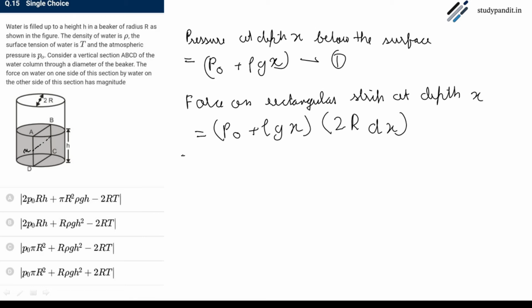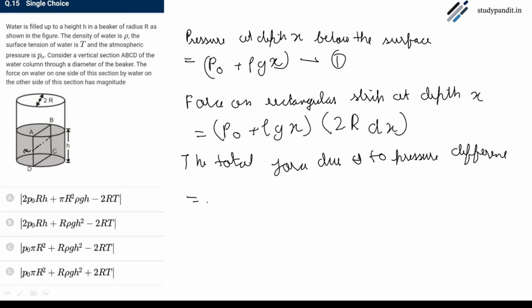So the total force due to pressure difference equals integration 0 to h of P naught plus rho gx times 2r dx.